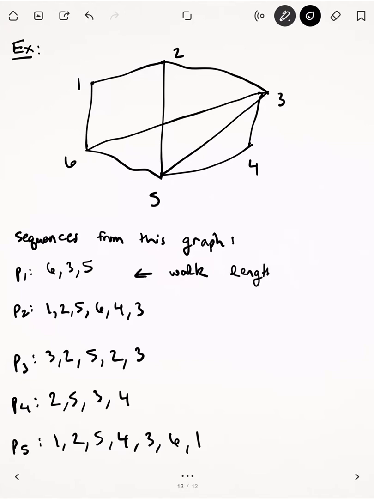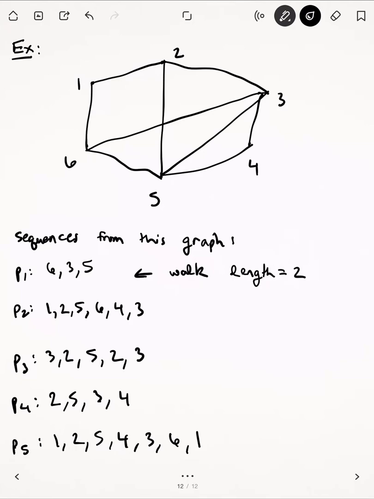I'd like to think about why the length is 2. It's a walk because there's an edge from 6 to 3, and then an edge from 3 to 5. The length of it is 2. What else did we cover in that definition? The initial vertex is 6, the terminal vertex is 5. It's not closed, and indeed it's also a path.